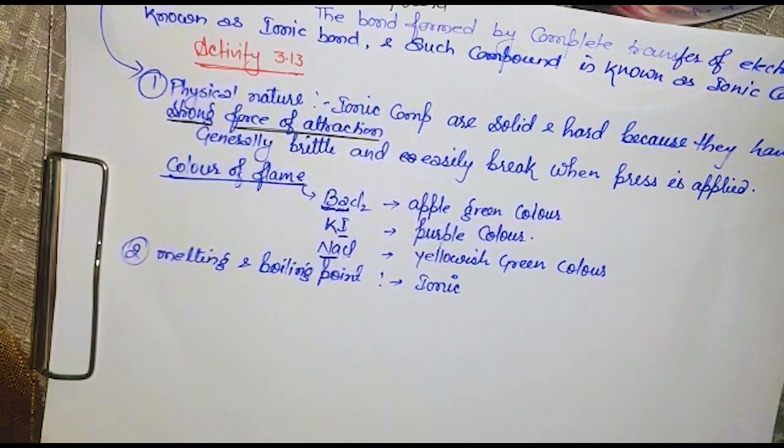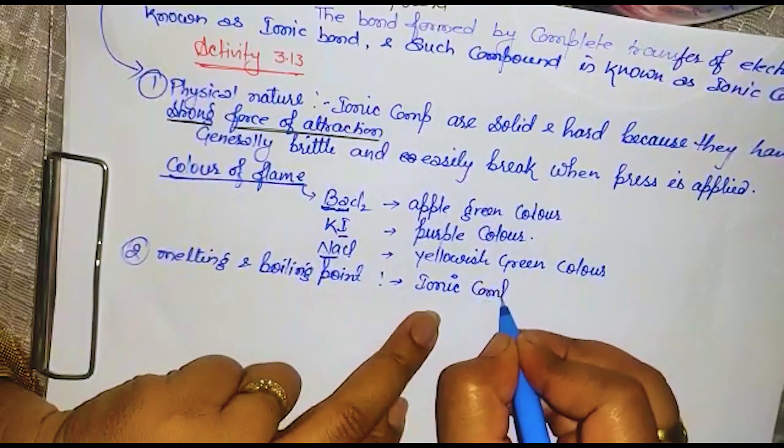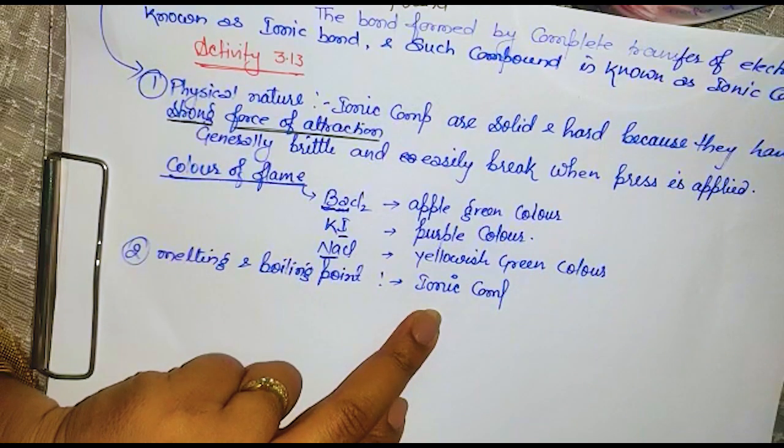Boiling point applies only when the substance is converting from liquid to gas. If the substance is converting from solid to liquid, it will always be melting point. Clear? So I am writing ionic compound assuming that it is solid. We have not dissolved it yet.